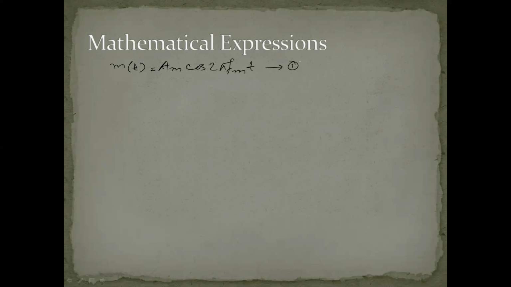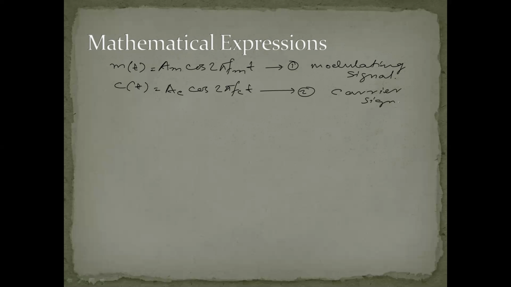This is the modulating signal. And the carrier signal c of t is given by Ac cos 2 pi fc t.